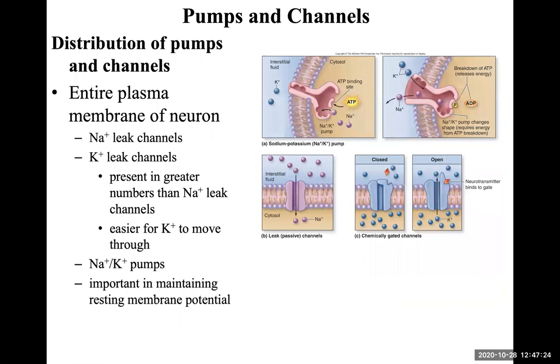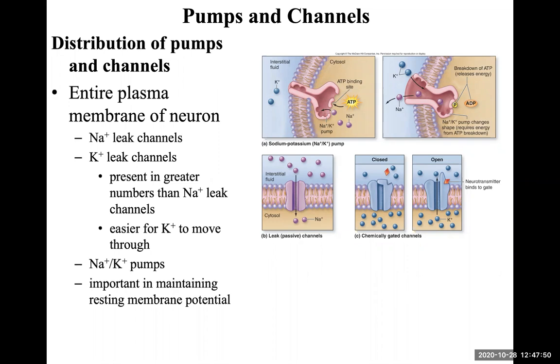So along the entire length of the neuron, we are going to find both sodium and potassium leak channels, right? Potassium leak channels are found in greater abundance compared to sodium leak channels. And that's how they play such an important role in establishing that very negative resting membrane potential of -70, is that there are more of them.